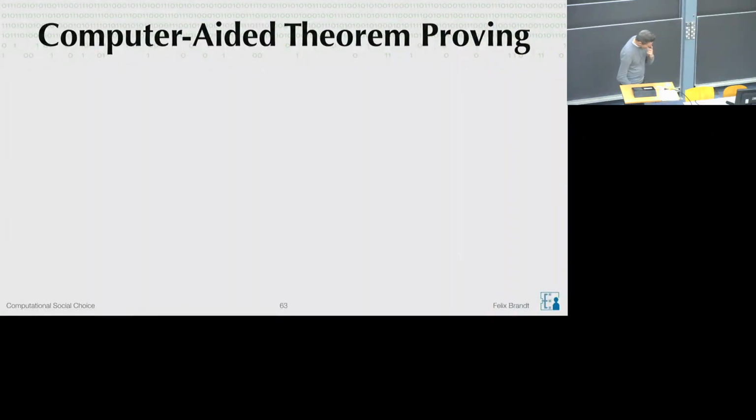Okay, so before I show you the other proof of Arrow's impossibility, I would like to say something about computer-aided theorem proving, which is quite interesting because this proof that I just showed you is from a political science textbook, so this table filling proof, just also to give intuition into the workings of these two axioms. And more recently, computer scientists have reproved Arrow's impossibility theorem using exactly the same approach.